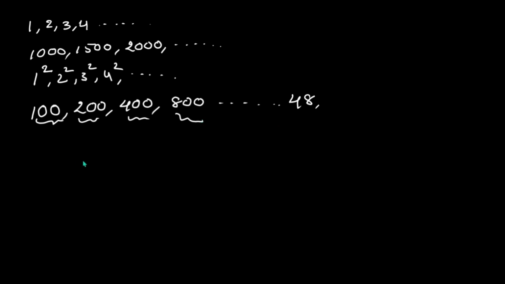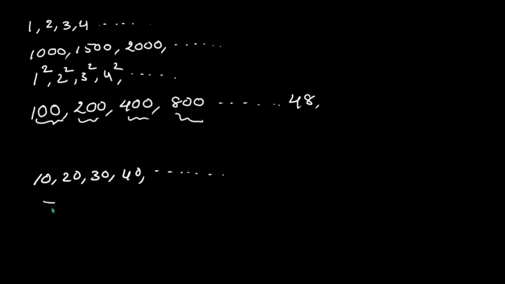Okay, so far we are seeing some of the patterns. Now let's see what arithmetic progression is. I am going to write some more series here. 10, 20, 30, 40, and so on.